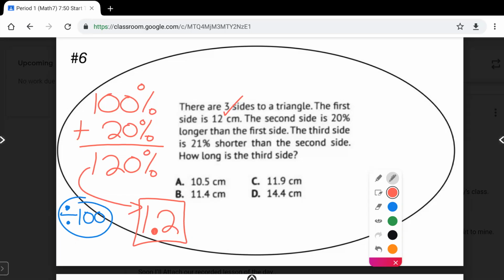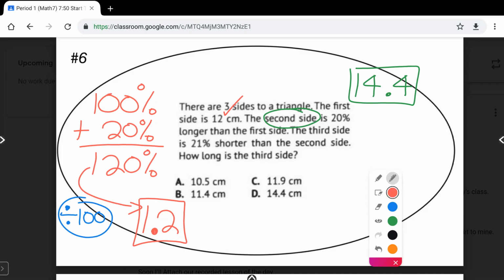And when I do so, I get the second side of my triangle, and the second side is 14.4.